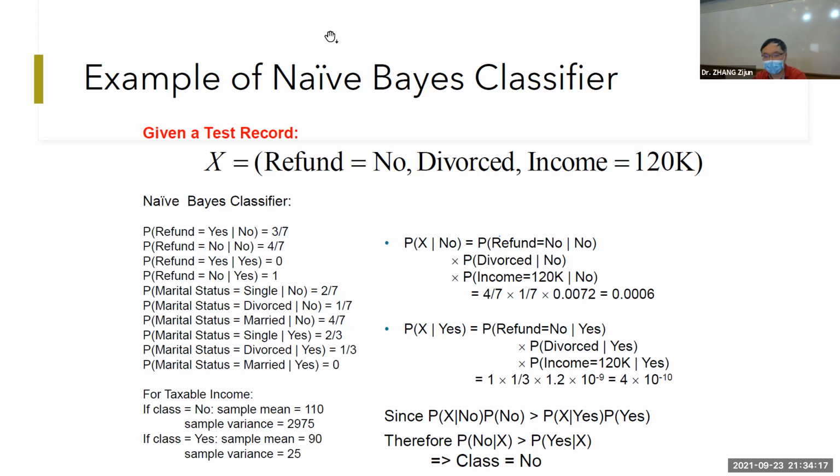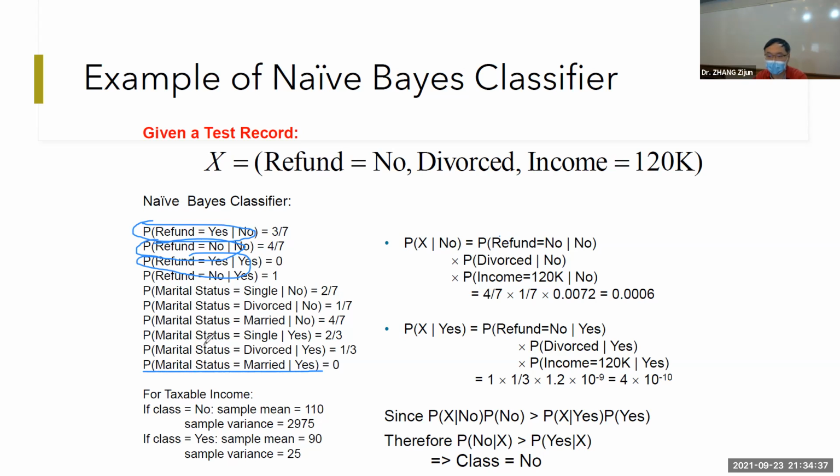So what should we compute? We compute each of the conditional probabilities. For Y, evade equal to no and evade equal to yes, there are 3 terms.